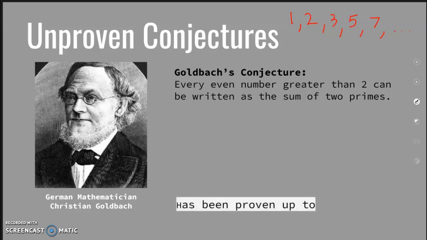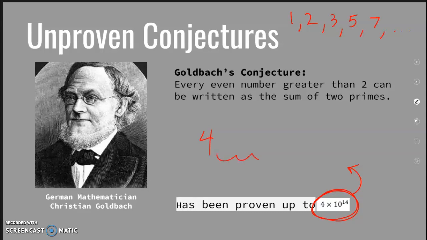However, it is worth noting that it has been proven up to the number 4 times 10 to the 14th. Now, this is scientific notation. Just as a reminder, because we will see scientific notation throughout the semester, what does that number mean? In order to find that number, which is super, super large, we start with the number 4, which has a decimal point here, and we move that decimal point 14 times to the right.